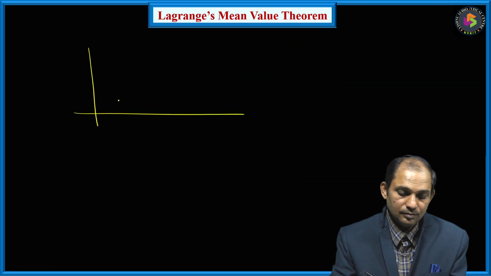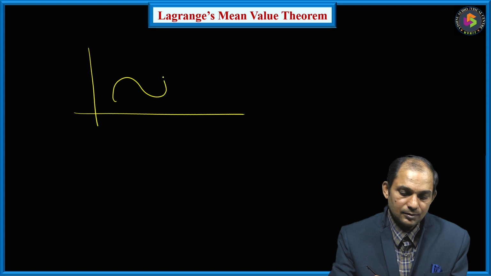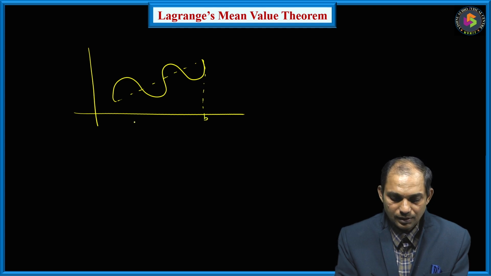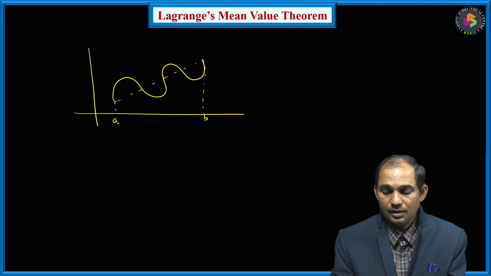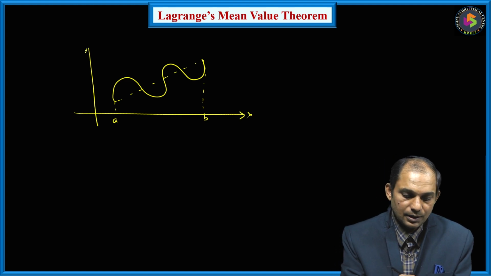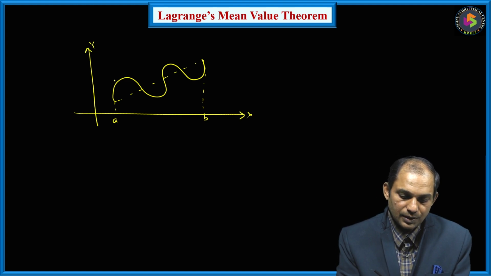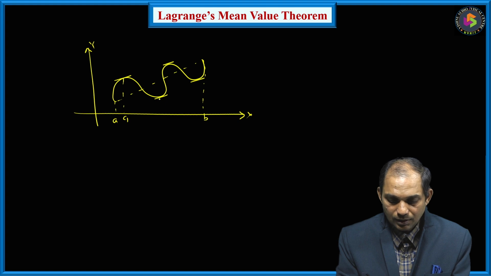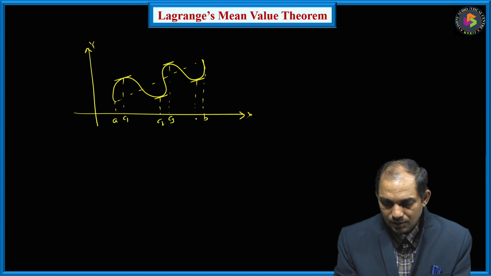Let us consider another rough sketch. Here the endpoints are not maintained at the same height, and this is the point corresponding to B, and this is the point corresponding to A, with the x-axis and y-axis. The slope of the tangent is parallel to the chord joining the endpoints at C1, C2, C3, and C4.